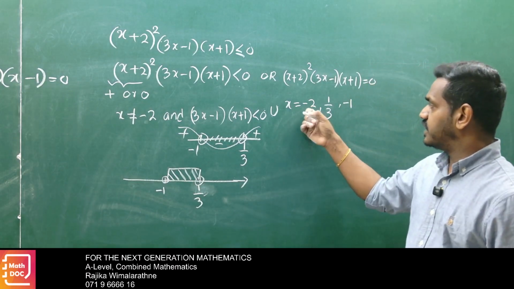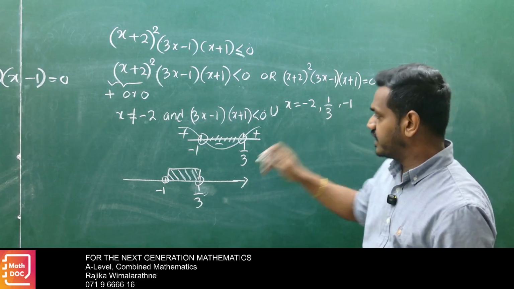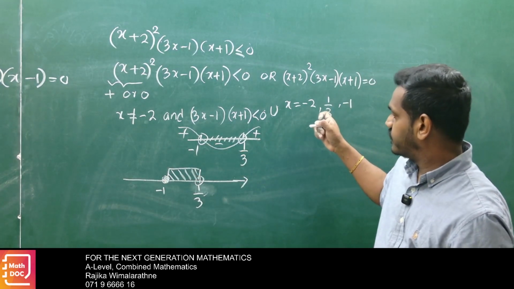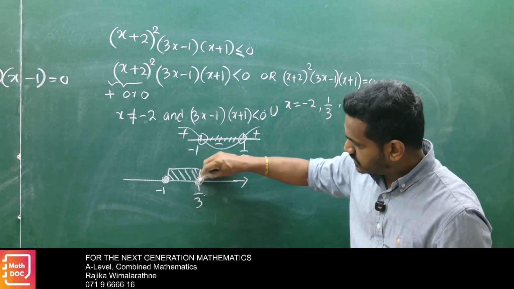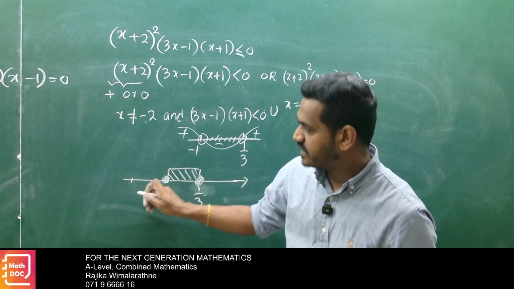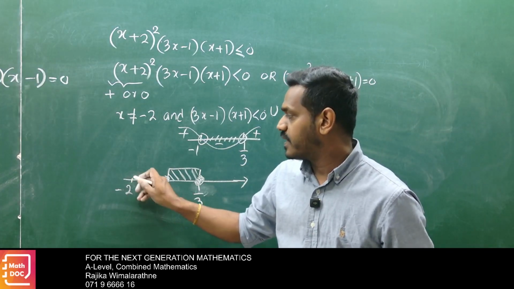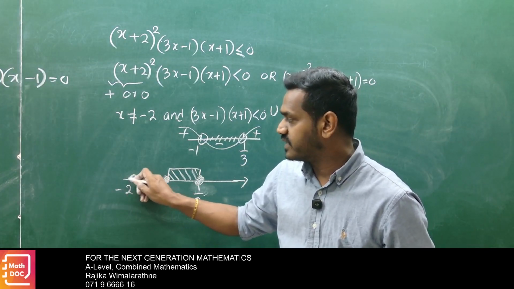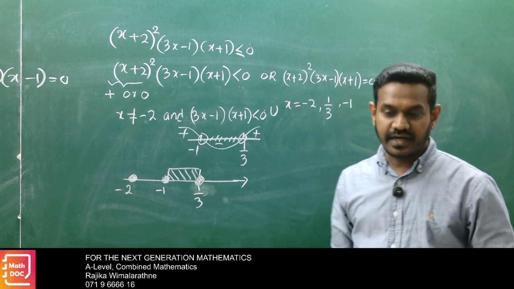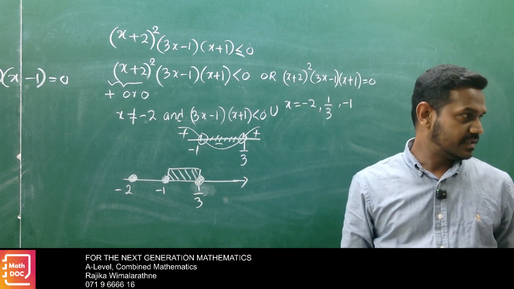But we have to get now minus 1, 1/3 as well as x equal minus 2. So that is outside here. So that minus 2 comes with equality, okay, not with inequality, comes with equality. Then the final answer, the shaded region.